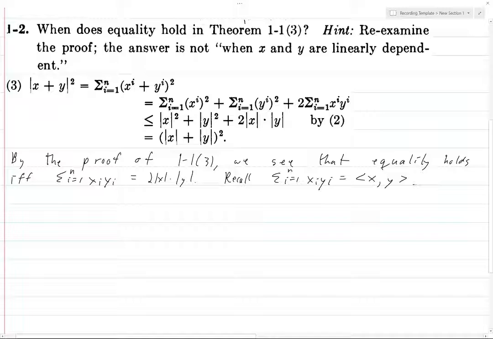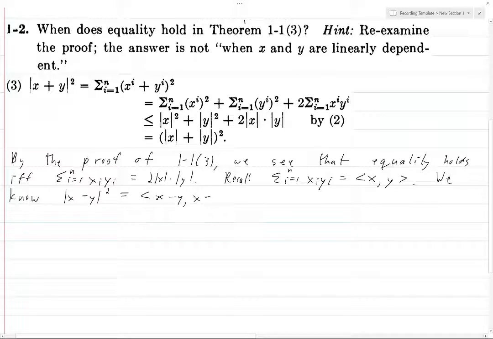So we want to show that these two things are equal. This looks a little out of nowhere, like where am I getting this from, but it will make sense later on.